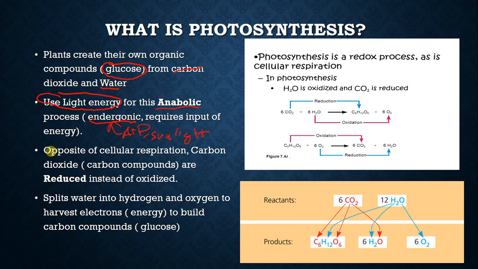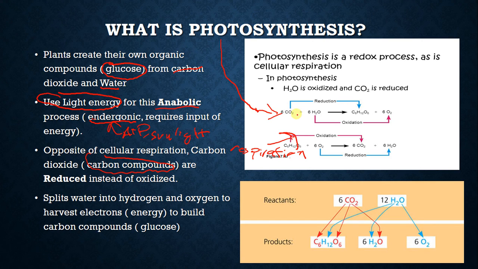So basically, photosynthesis on a molecular level is the opposite of cellular respiration. Carbon dioxide, or carbon compounds, are reduced instead of oxidized. They gain electrons. So here we have photosynthesis, and here we have respiration.